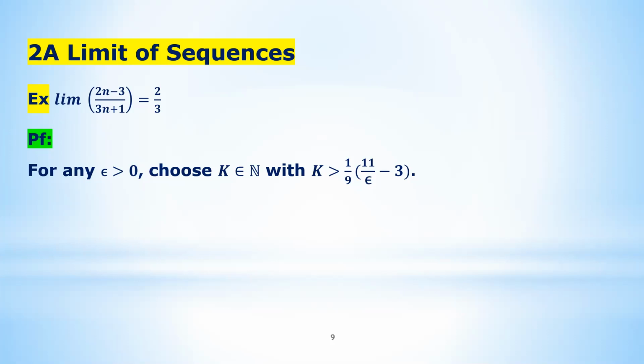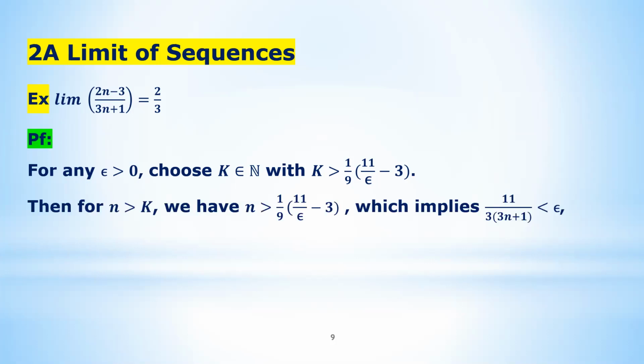You can say I choose the integer k such that k is greater than this fixed number. Though obviously there are lots of k like this, we don't care whether the k is the smallest one or what. As long as you have a k like this, it will be sufficient. So given an epsilon, I simply pick a k greater than this number.